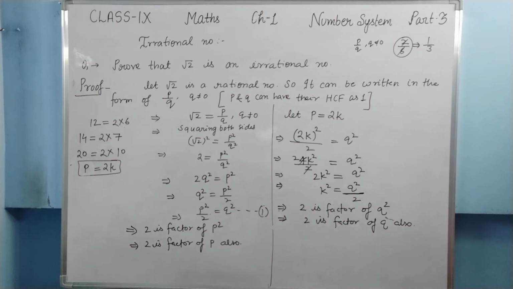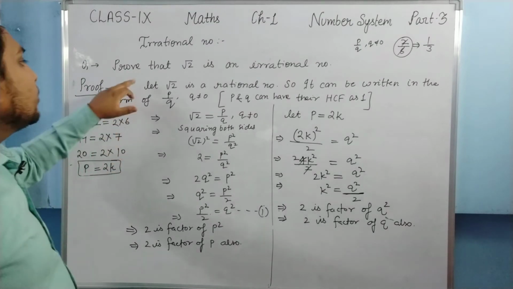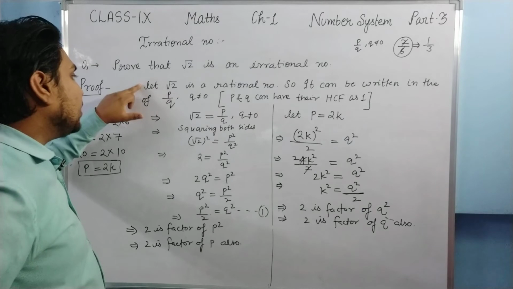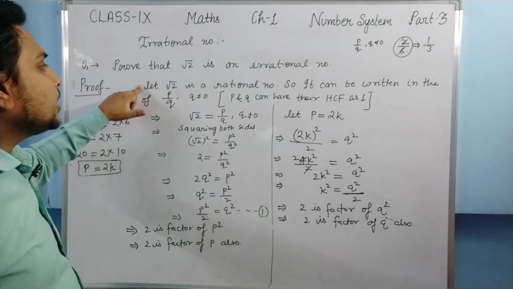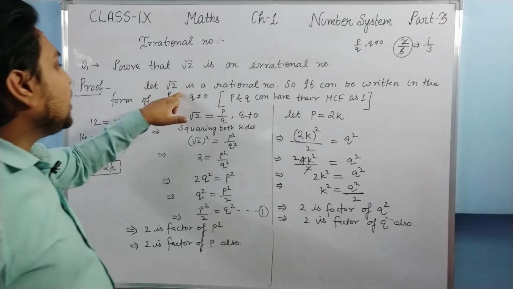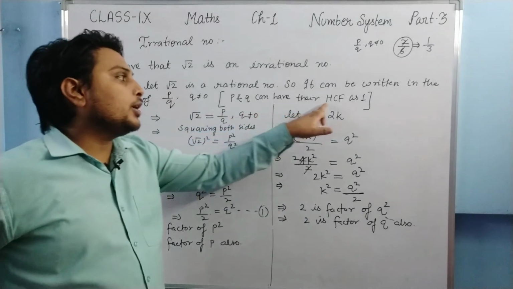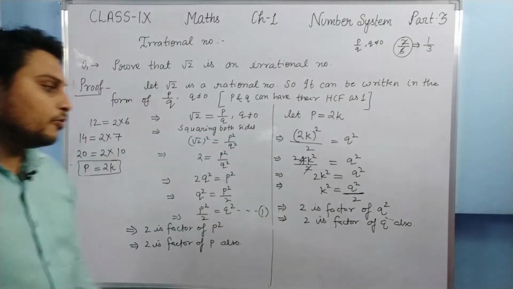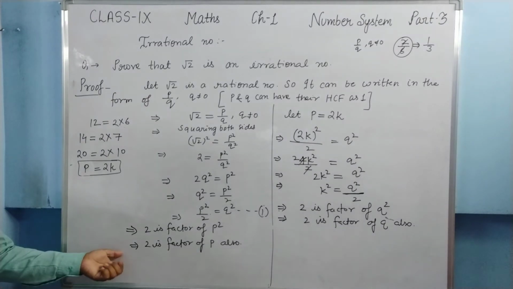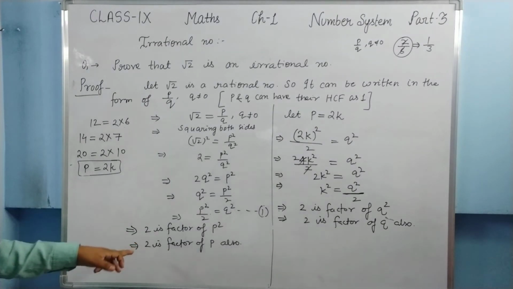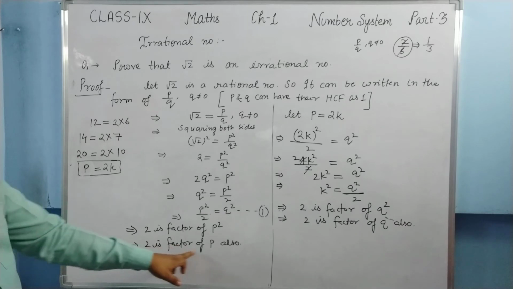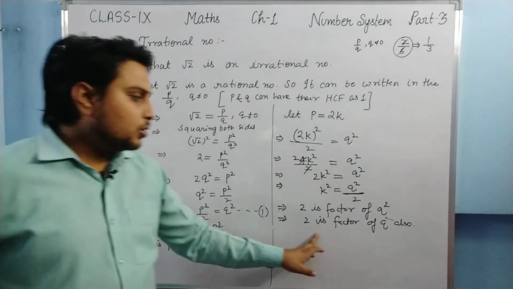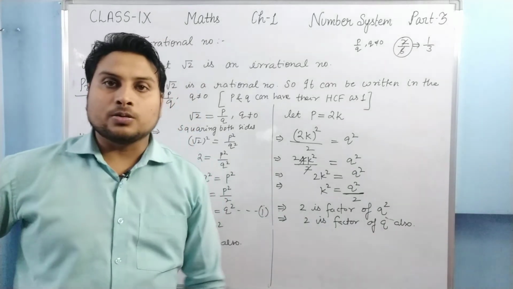Now in the beginning of this proof, we have said that P and Q have their HCF as 1, means their highest common factor as 1. But here you can see that we have shown that 2 is the factor of P, and 2 is the factor of Q also, okay.